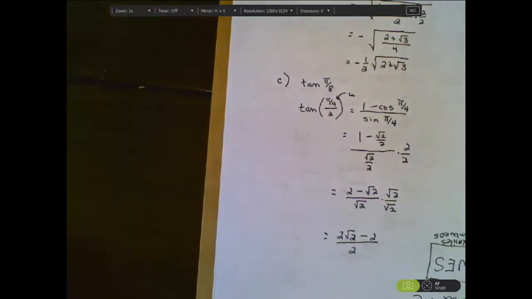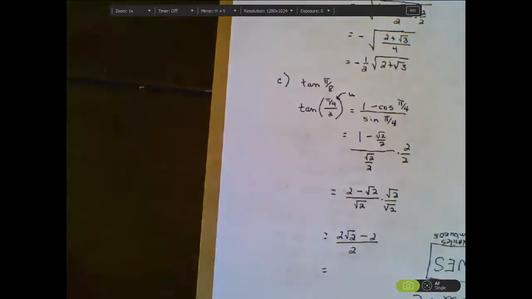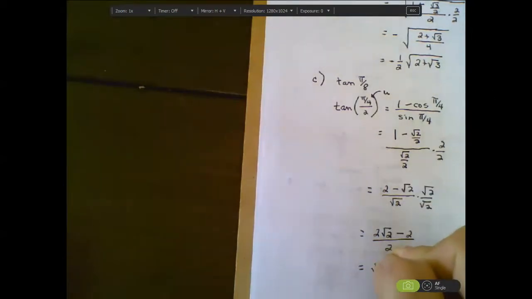And that is probably not the answer in the back of the book, because there's one other thing you can do to simplify it. Evan, what would that be when I simplified it one more step? Divide everything by 2. Divide both of those terms by 2, and you would just get square root of 2 minus 1.